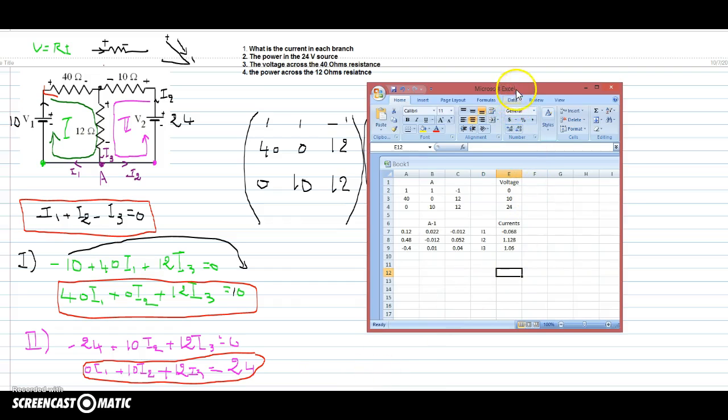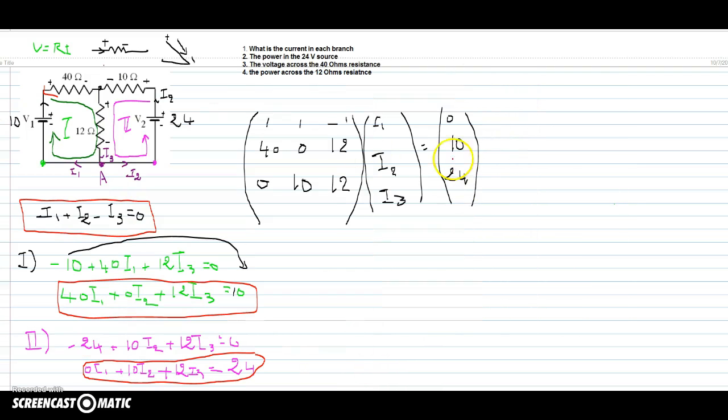All right. So now let's remove this. So we are going to put the current vector I: I1 is 0.068 amps, of course, and then I2 is 1.13, and then this is 1.06 amps.